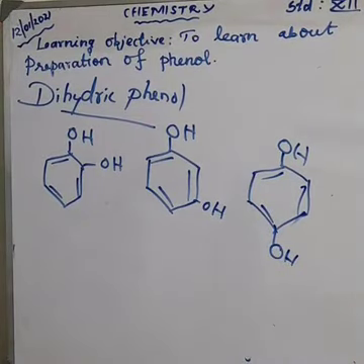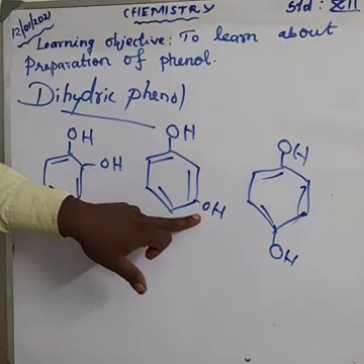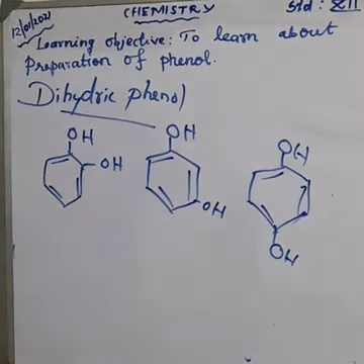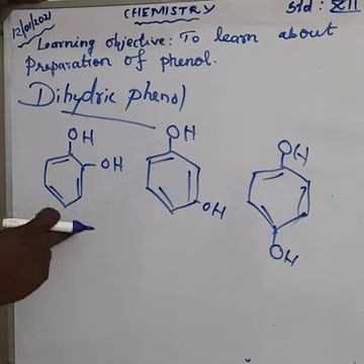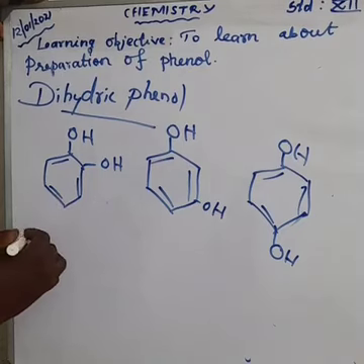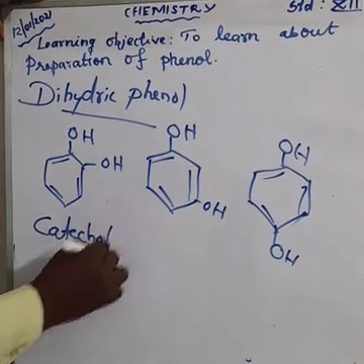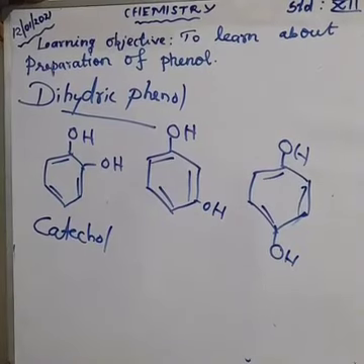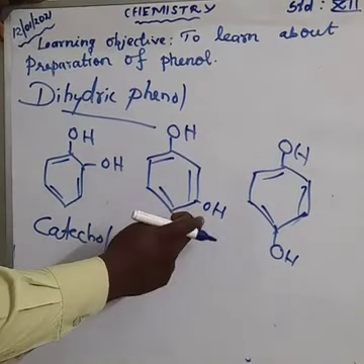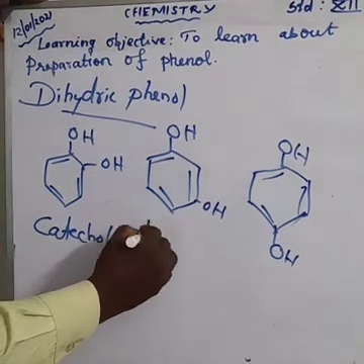So the ortho position OH, the meta position OH, and the para position OH. The ortho position OH means the name of the compound is catechol, a common name. The meta position OH means the name is resorcinol.